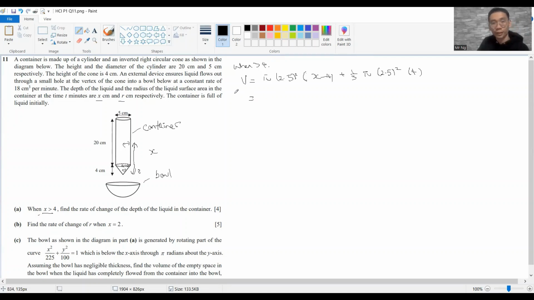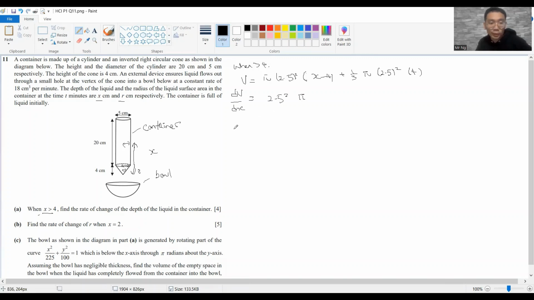So dV over dx is equal to, just because the rest are constant, like this one times this one times this one is a constant, and this one also constant. So we just need to differentiate this part. Differentiating this, we will get 2.5 squared times pi.